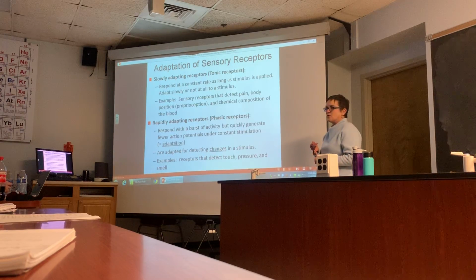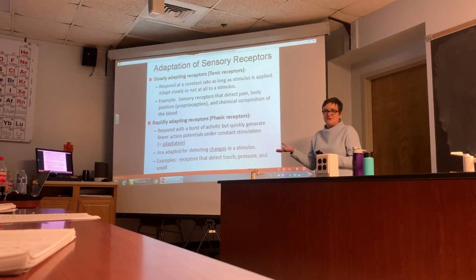Body position, or proprioception, is slow adapting, and so is chemical composition of the blood, which is a good thing because you don't want to adapt to high CO2 levels. If you have high CO2 levels, you don't want your neurons being less stimulated by that.